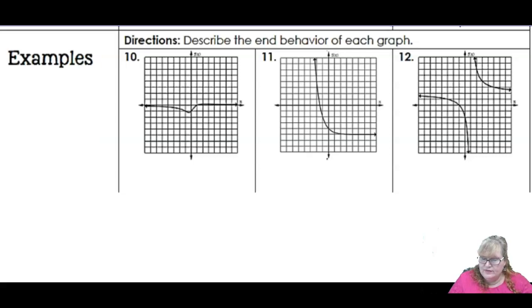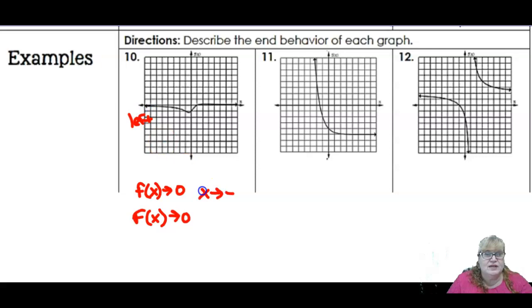So real quick, this one appears to get closer to 0 for y. So f of x is approaching 0 on both sides. And if we want to say left first, which there's no requirement, but we usually do left first, we say as x is getting more negative, and then right would be as x is getting more positive.